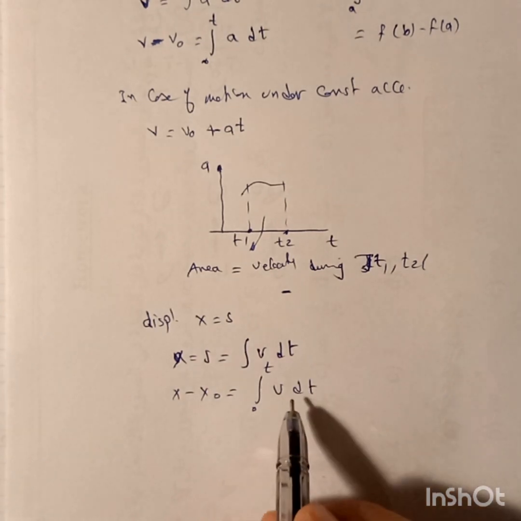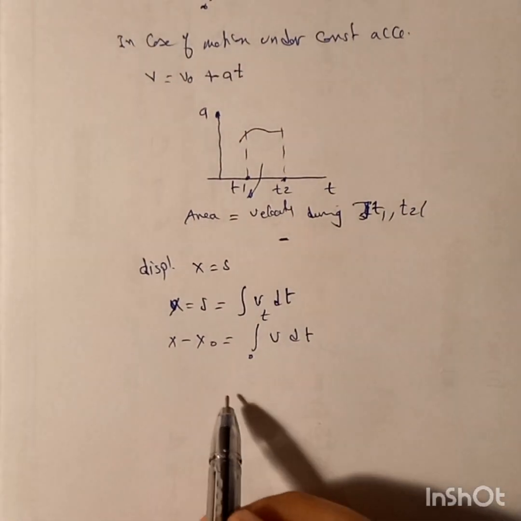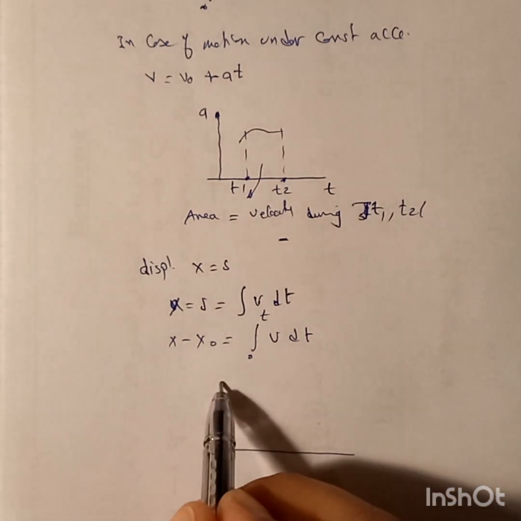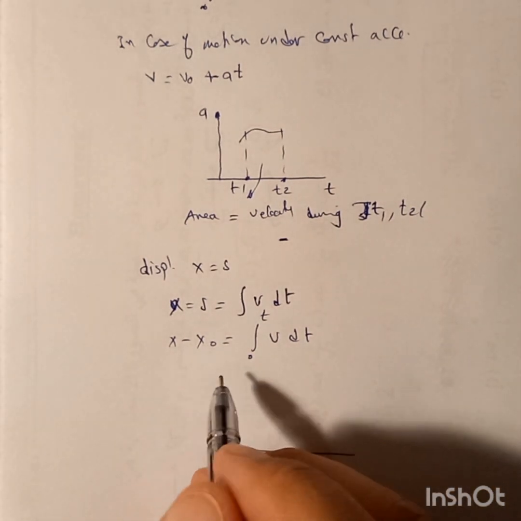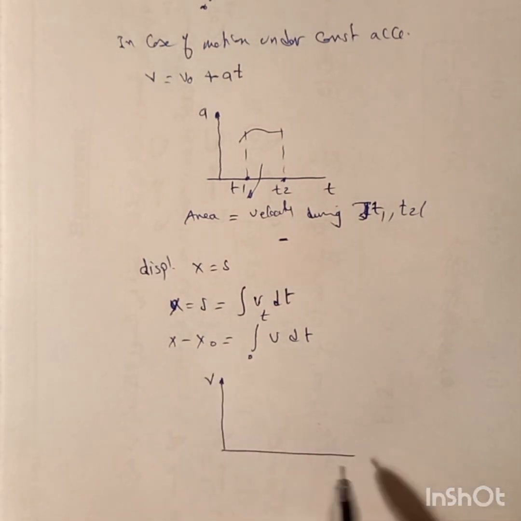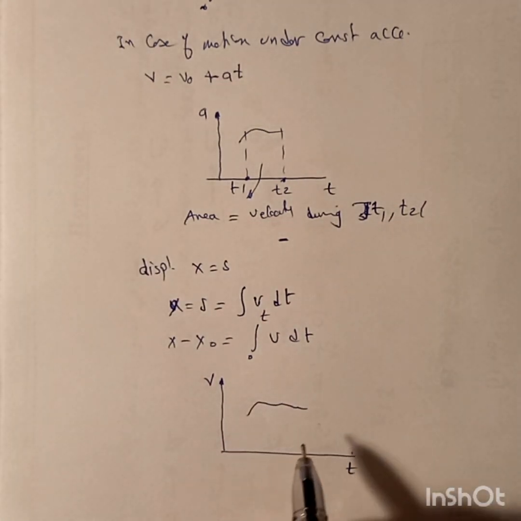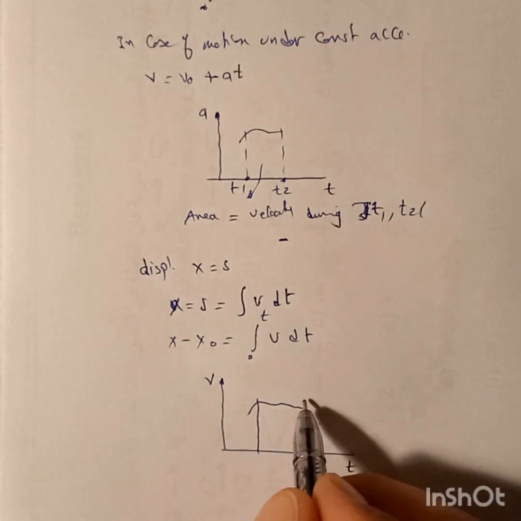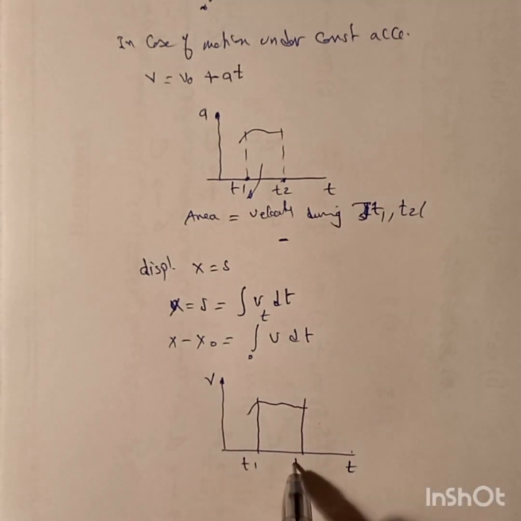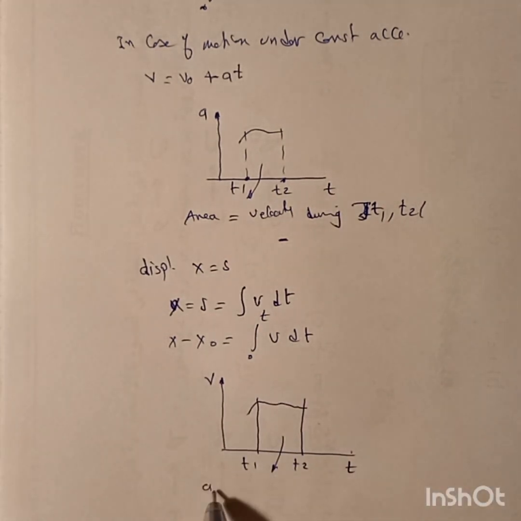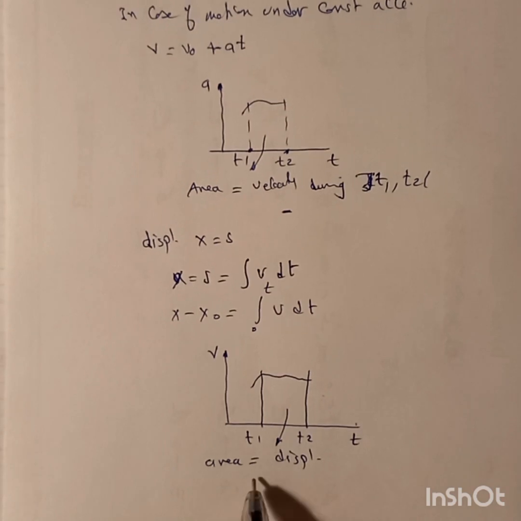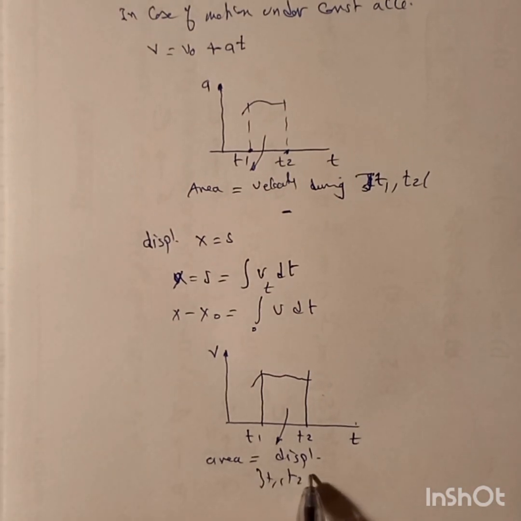Also we can find this if we have a relation between velocity and time. Then the area under the curve between, for example, T1 and T2, represented here, equals the displacement of the body during the time interval T1 and T2.